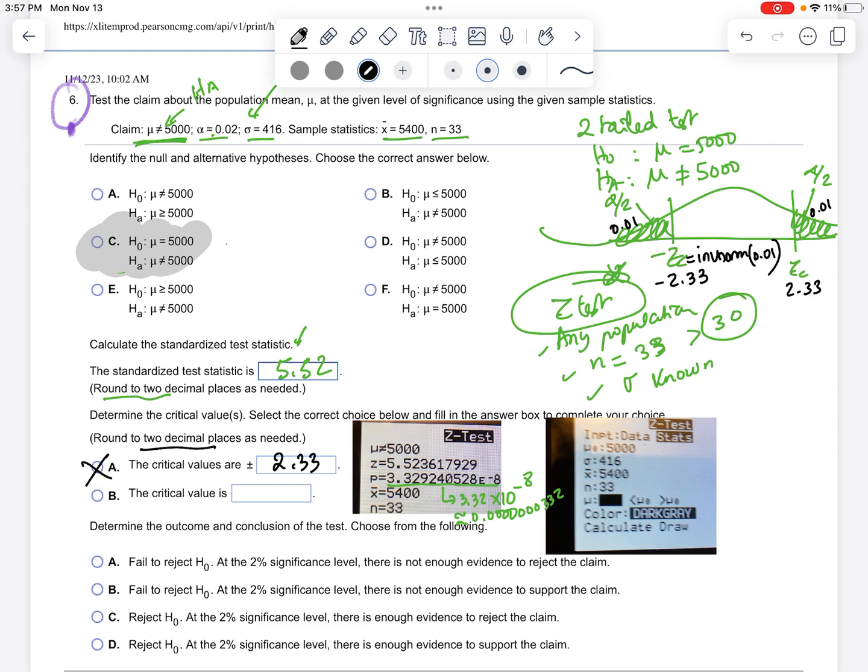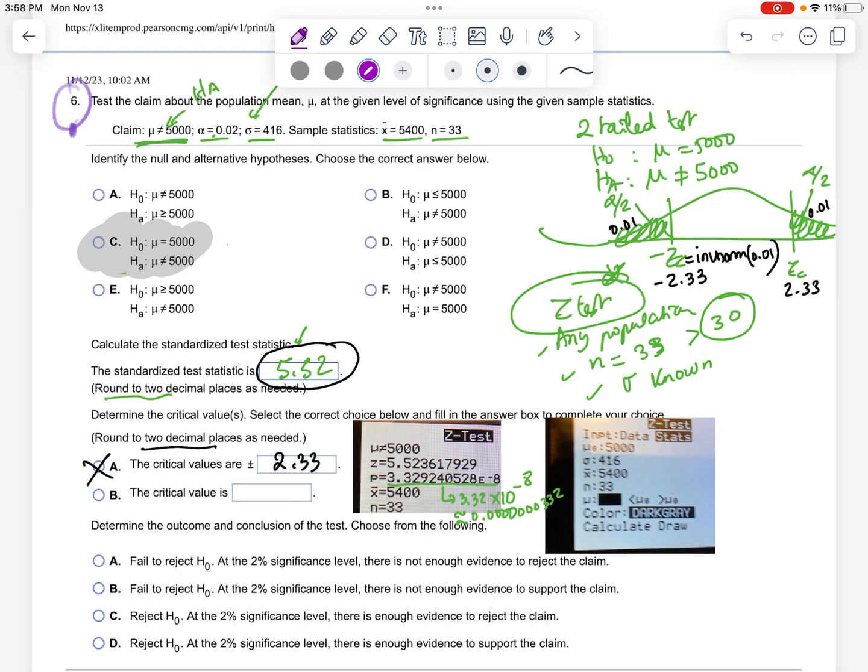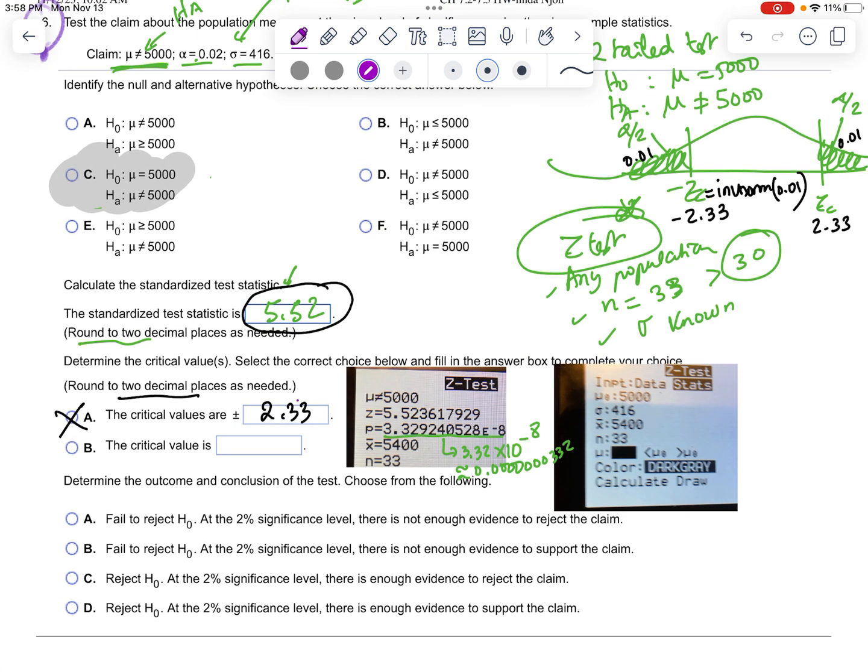Now, you know what your standardized test statistic is, 5.52. When you look at the graph, the 2.33 is going to be here and here, but the 5.52 is going to be somewhere out here.